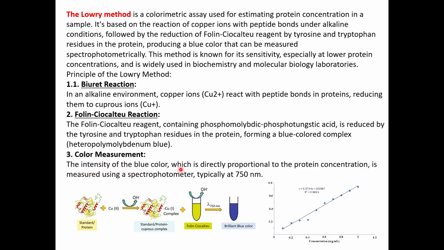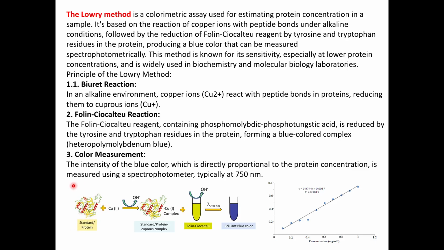The intensity of the blue color is directly proportional to the protein concentration. The more protein you have, the more the intensity of your color will increase. It is measured spectrophotometrically at a particular wavelength for particular reagents. For Lowry, it is usually done at 750 nanometers.